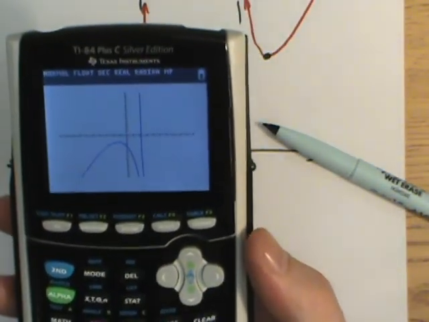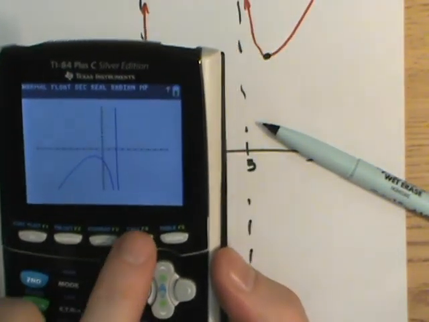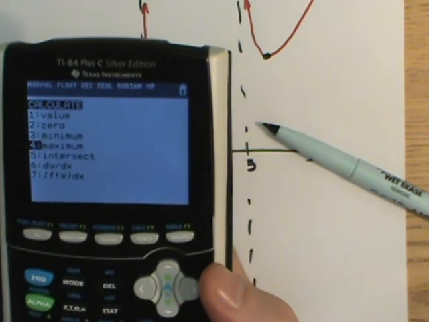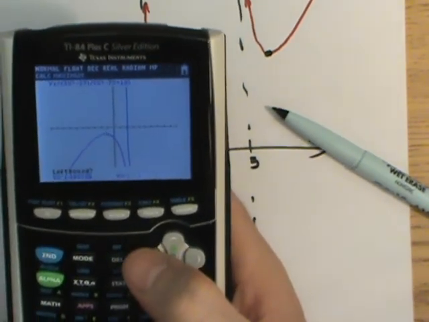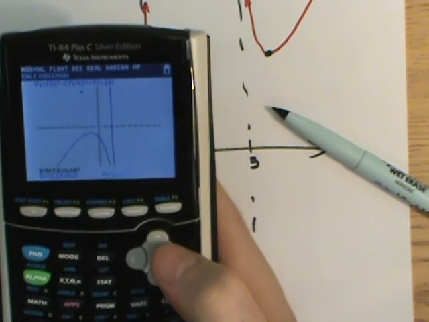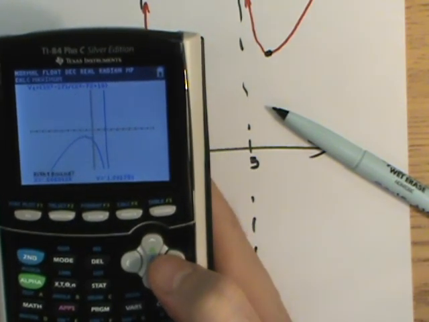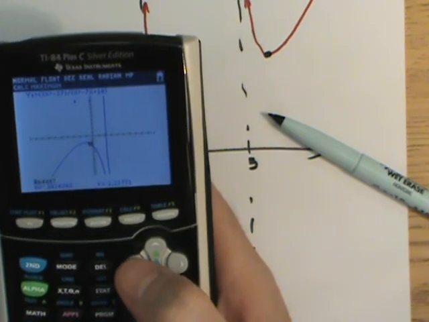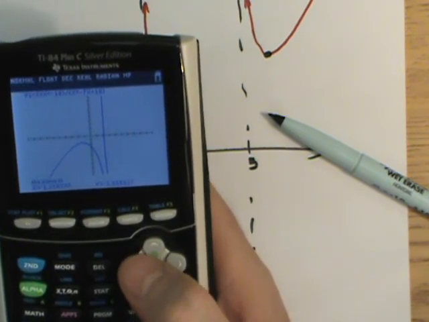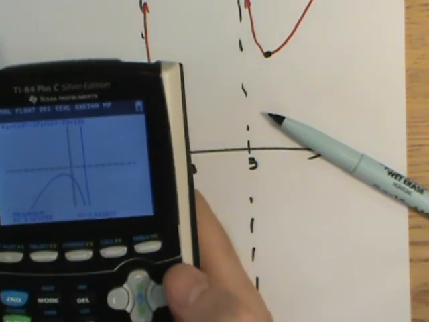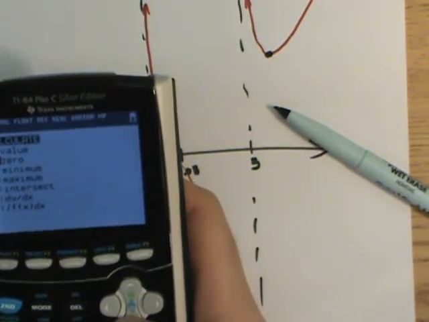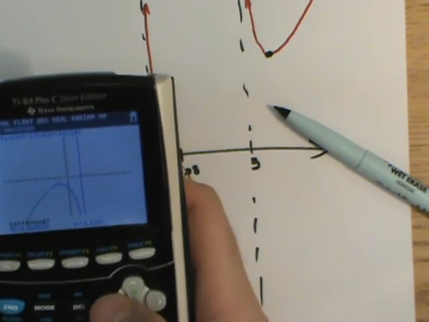It's from the last problem. It's the same idea. I'm going to hit second trace, and I would look for a max to find that piece there. I would have to do a left bound and then go to the right of where my suspected max was, hit enter, and then a guess. And it will report a guess. I think what happened is I hit the enter twice there. Let me try that again.